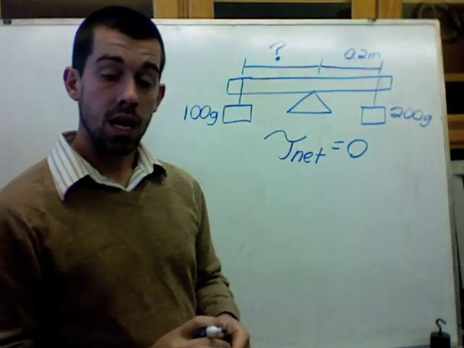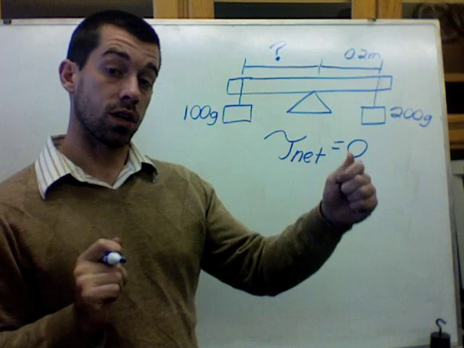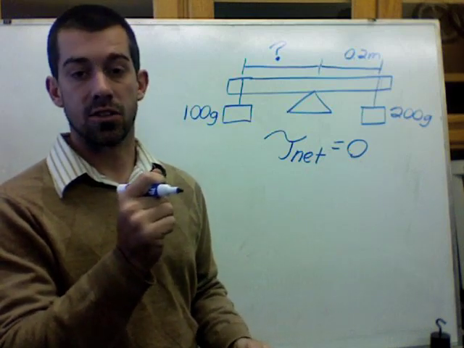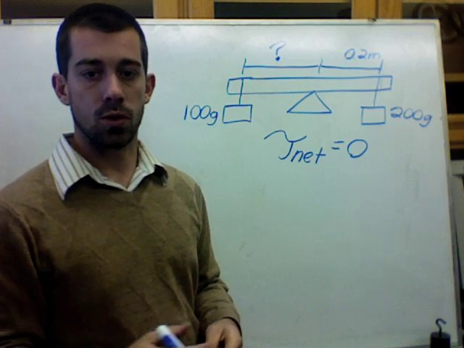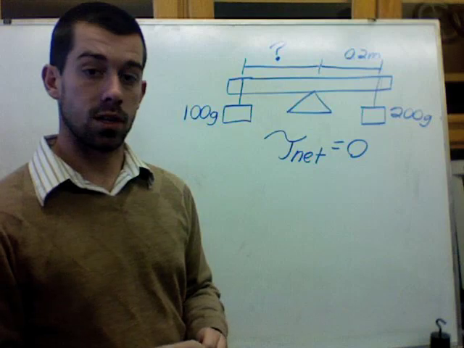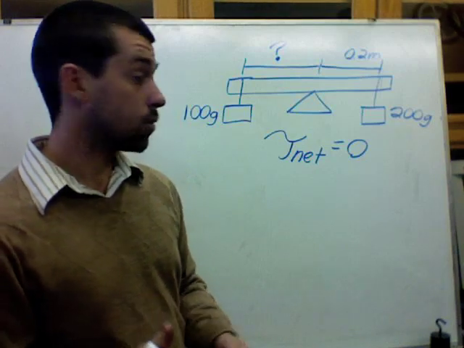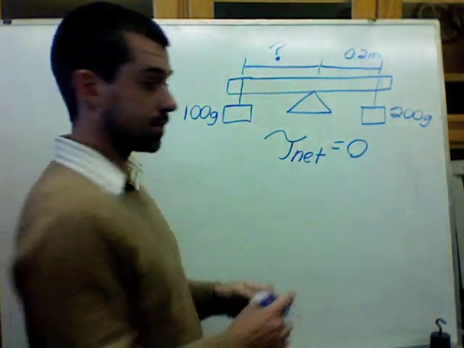Anytime the net torque is zero, that means that the torque in one direction is canceled by a torque in the opposite direction. In this case, we have a torque clockwise and a torque counterclockwise. The torque clockwise comes from this 200 gram mass over here.